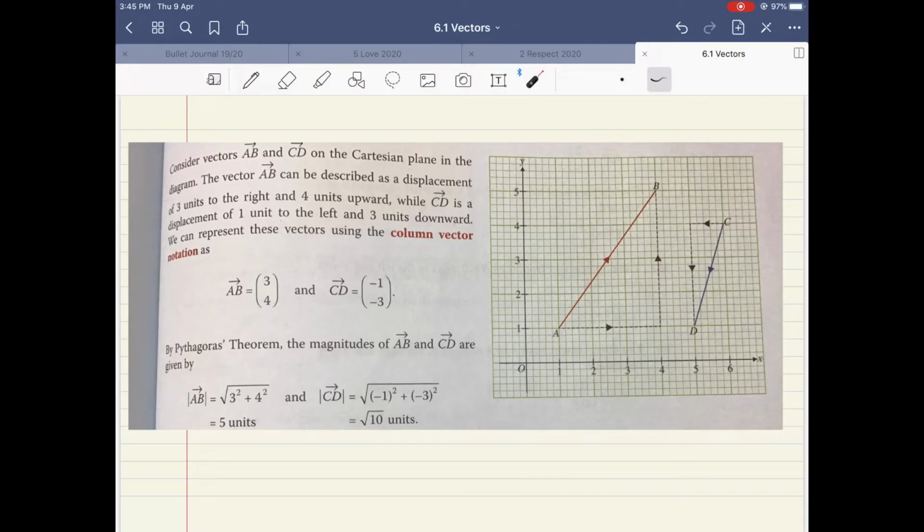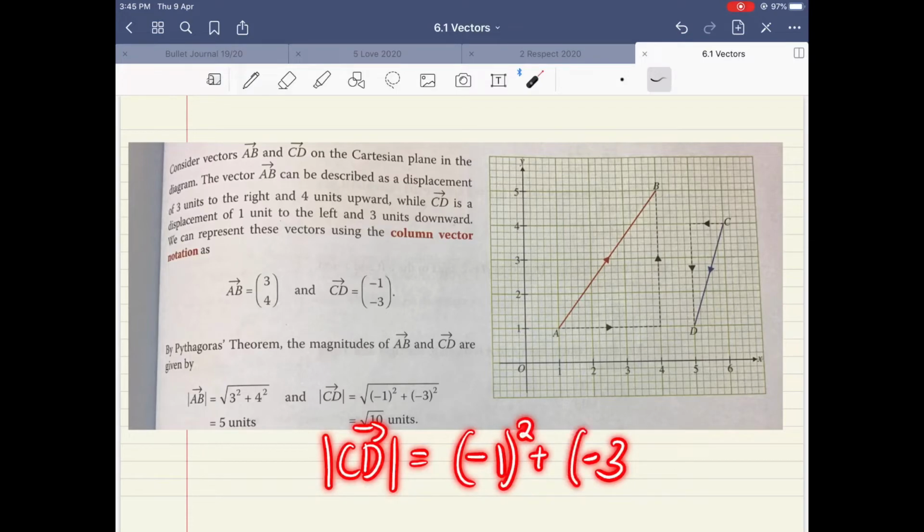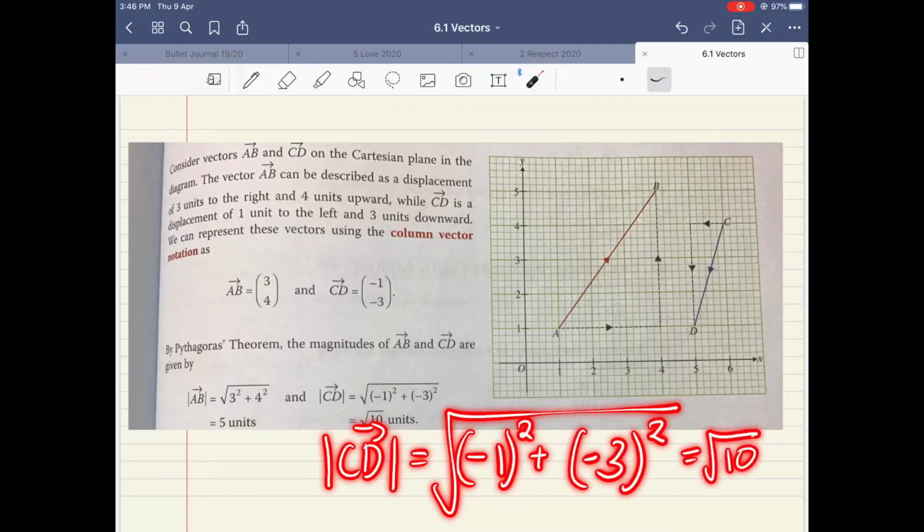Similarly for CD, this is -1, this is -3. For the magnitude of vector CD, I just take the -1 and the -3 and square both of them. Just like Pythagoras' theorem, I square and then square root to get the square root of 10 units.